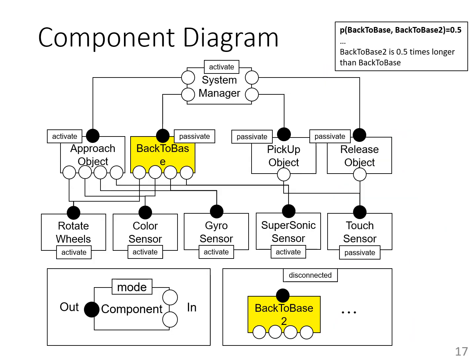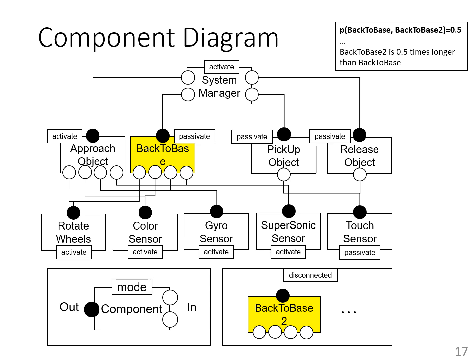This is the initial component configuration. If the robot is delayed, the adaptation engine detects the violation of the time constraints.